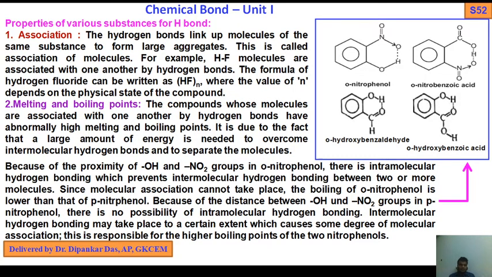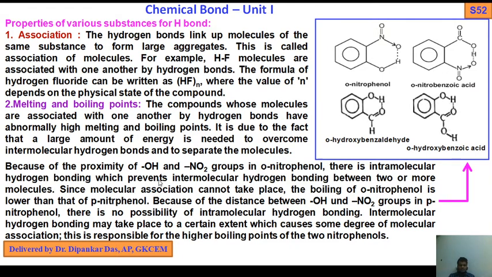Again, the melting and boiling points: the compounds whose molecules are associated with one another by hydrogen bonds have abnormally high melting and boiling points. It is due to the fact that a large amount of energy is needed to overcome intermolecular hydrogen bonds and to separate the molecules.